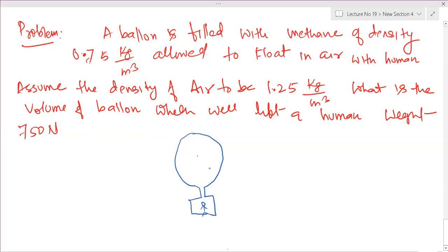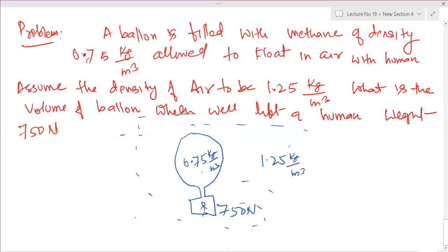So you have inside your methane, that is 0.75 kilogram per meter cube density, and you have your air everywhere, and air density is 1.25 kilogram per meter cube. So because of this density, this will try to move up. What is the volume? So 75 kg or 750 Newton, right? Weight.